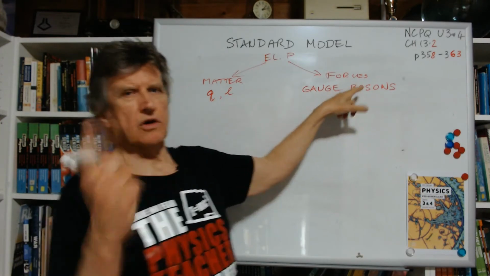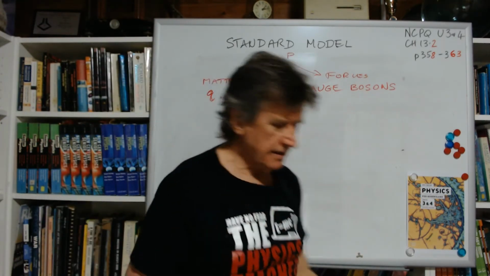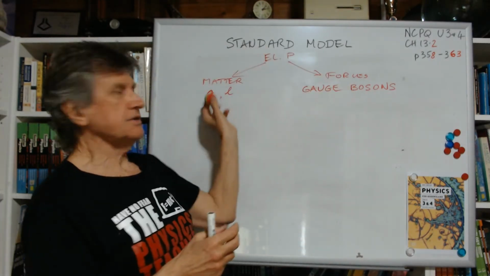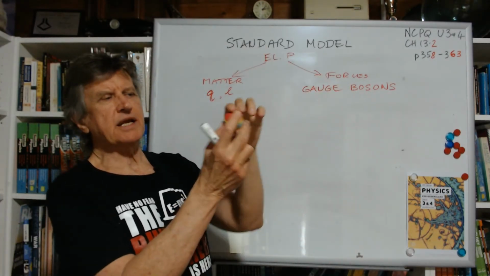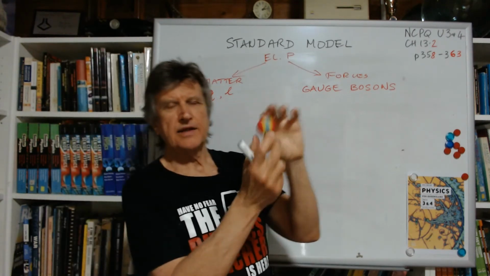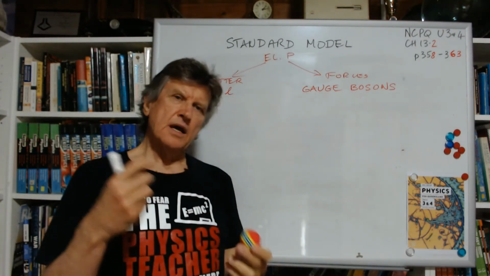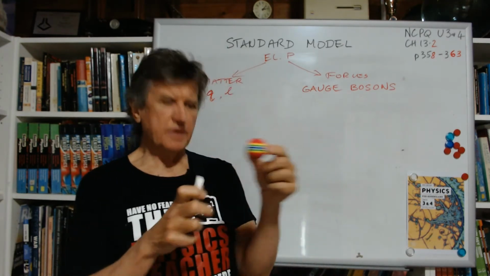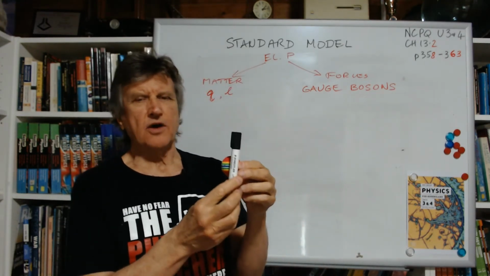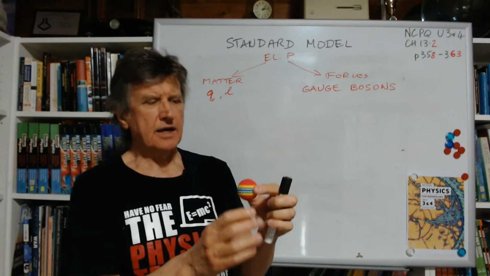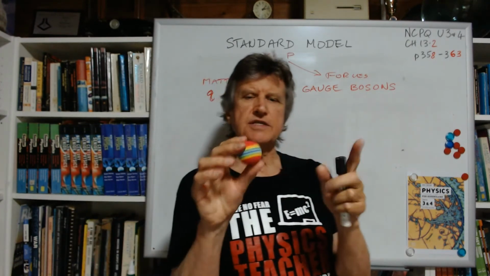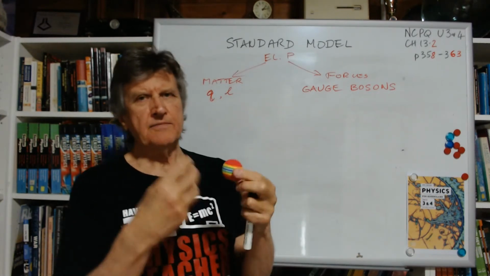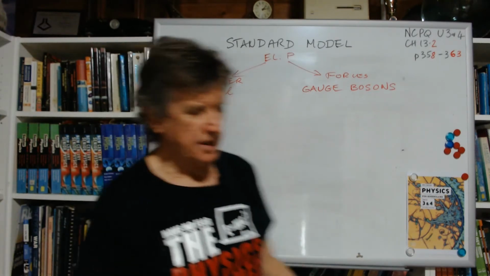Originally they thought of a particle like one of these bosons or quarks or leptons as actually spinning on its own axis, and that's where they got the name spin from. But now they realise it's something to do with the magnetic moment, whether the magnetic moment is pointing up, and it's something that's intrinsic to these particles. It's something that's hidden, this magnetic property is hidden in these particles.